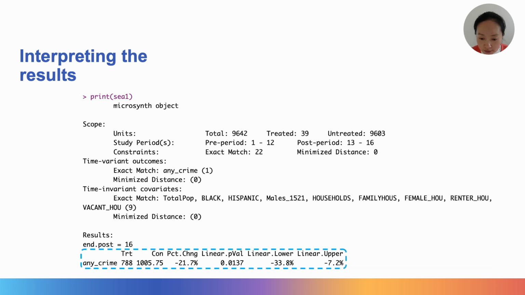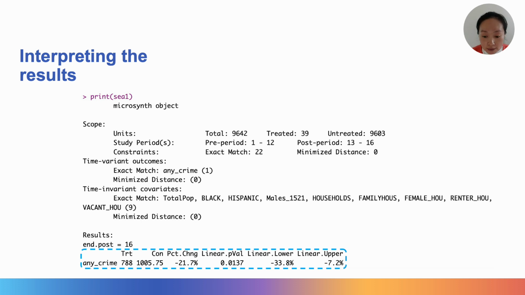So we observed almost a minus 22% change, and that effect size, if we look at the 95% confidence interval, the linear lower and linear upper, these are the lower and upper bounds of the 95% confidence interval. Both bounds are below 0.